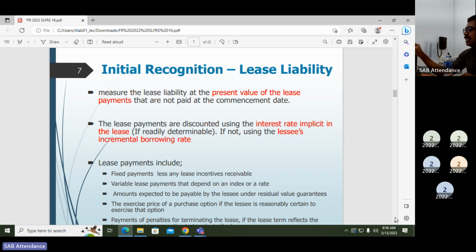Similarly, in the lease rental, an interest portion is there, since you are paying on an installment basis, right? So you can't simply add all the lease rentals and say that is the liability, because that lease rental includes interest, right?